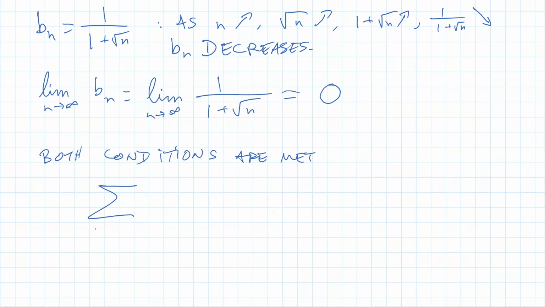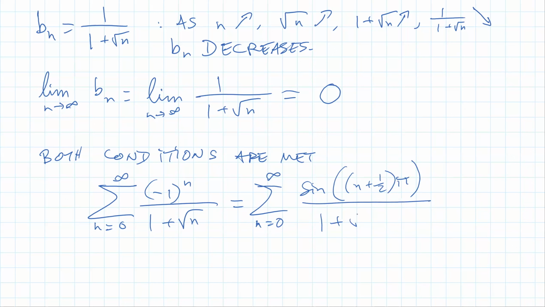Then we have this series, which is the same as the original one with the sine. It converges. And that's our conclusion for the first series. The first series is convergent.